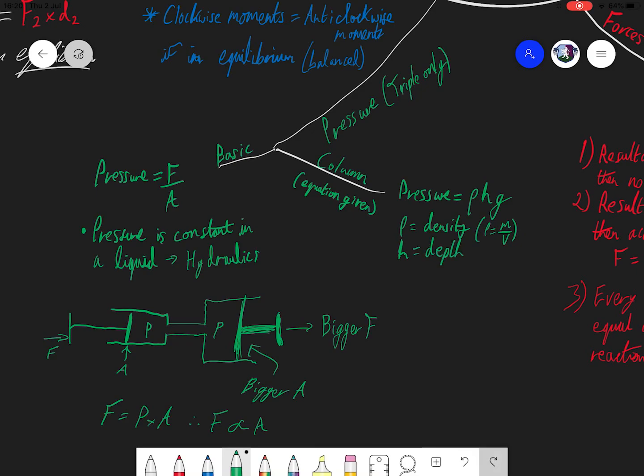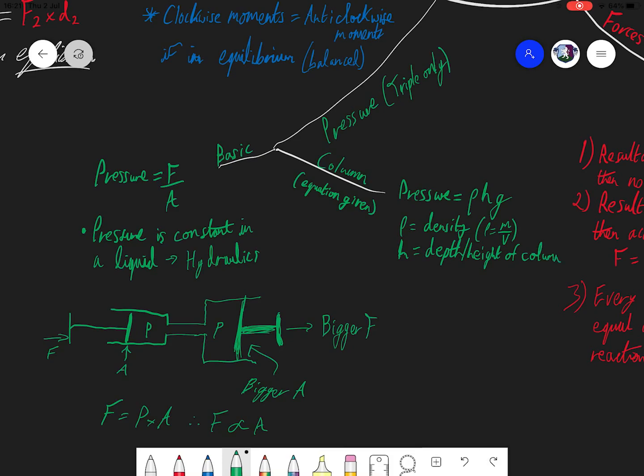h is a tricky one. It's both depth and height. So as we're dealing with a column of fluid, this could represent the volume of air above you, the volume of water above you underwater. Okay, it could be just a column of water and how much pressure is at the bottom. And usually it is the bottom, in which case the height of the column is the same as its maximum depth.